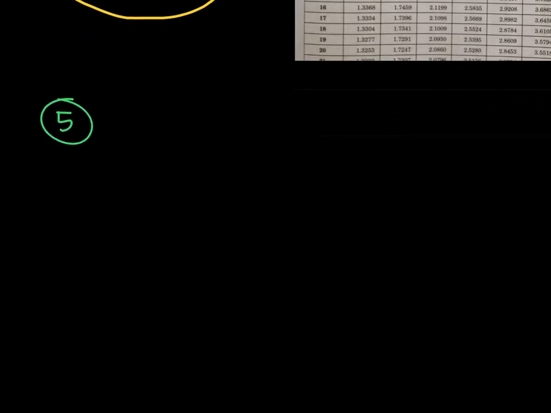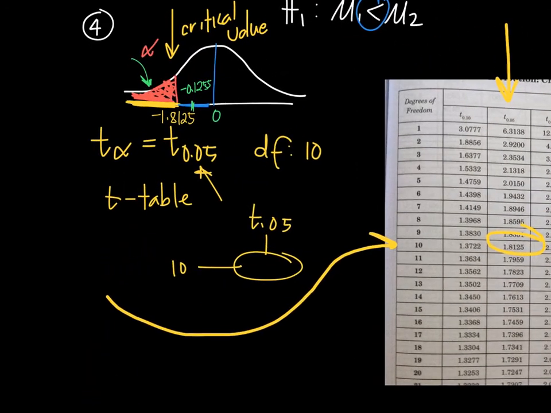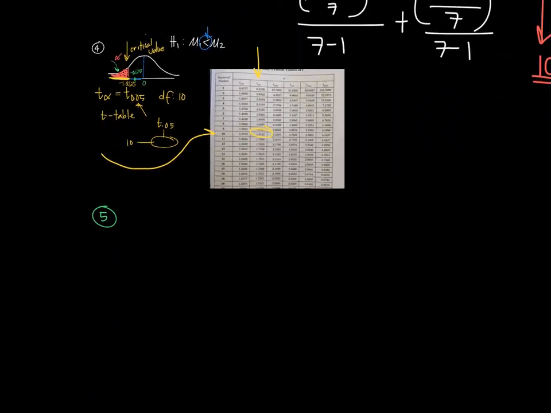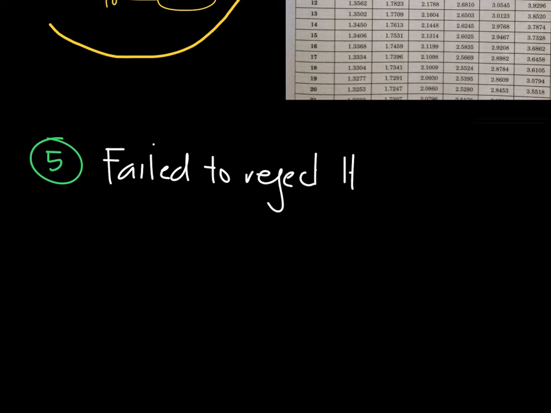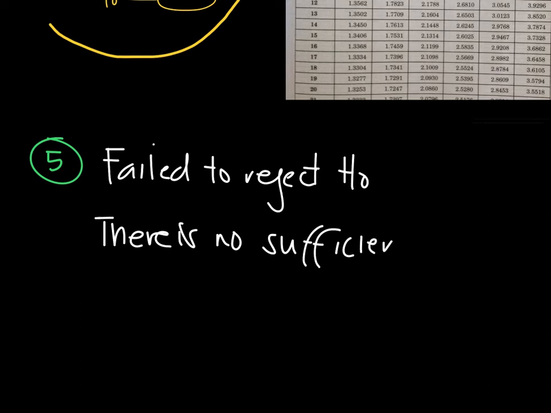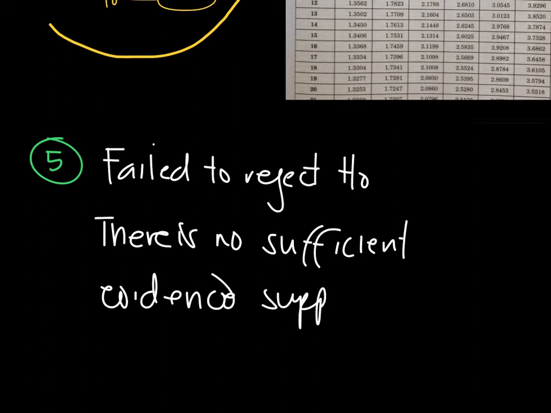Number 5, again, since it went outside the area of rejection, then we say that we failed to reject H0. So that means there is no sufficient evidence supporting our H1.